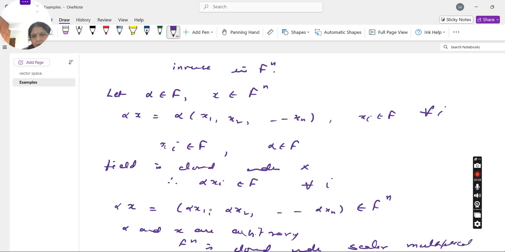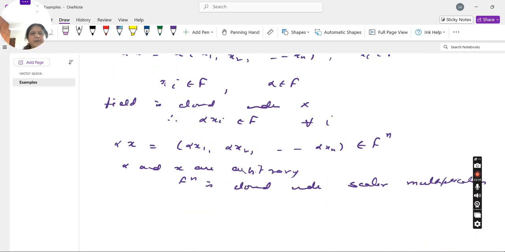So we have to prove all the properties. We can't neglect the properties.